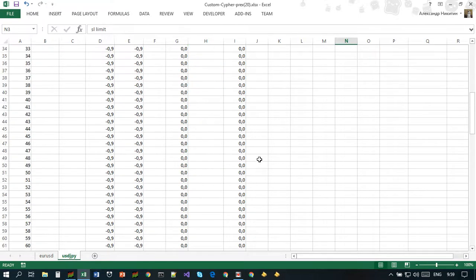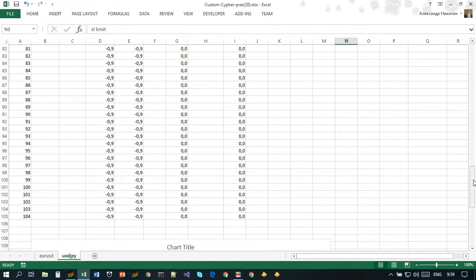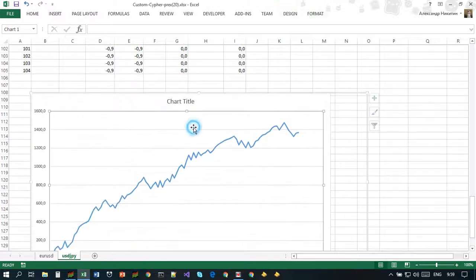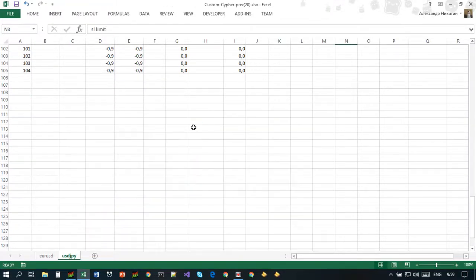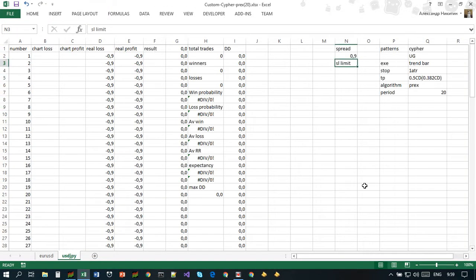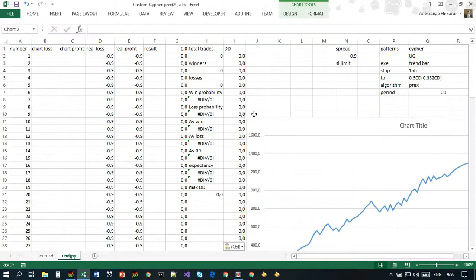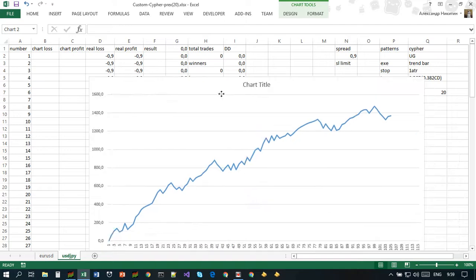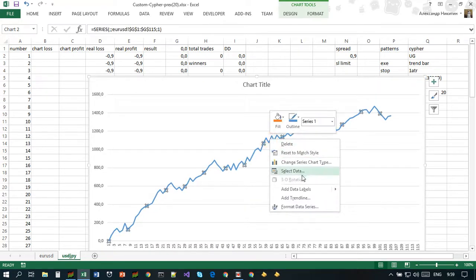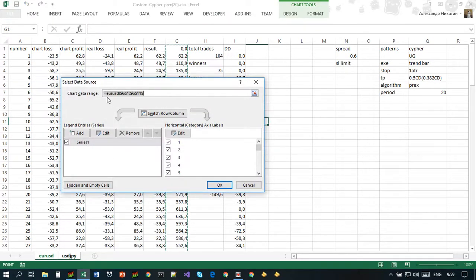Then what I will do next, I will cut this picture, paste it here. Okay, so what is next? I will change the data, select data. Instead of euro USD, it should be USDJPY.